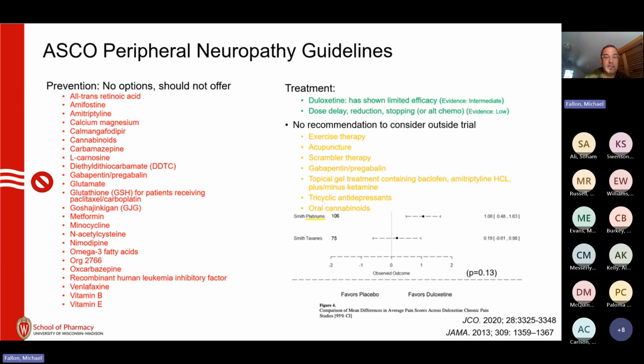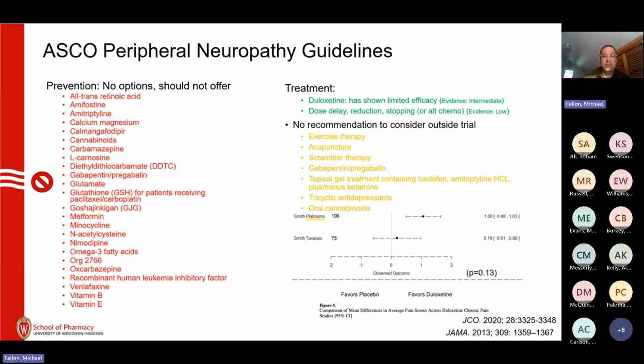It's less so for the taxanes, but for platinums, it probably does help some. Even if it cuts the pain 20 to 25%, sometimes people really respond to that, and it's enough to improve their quality of life a lot. So it's certainly worth a try. Generally, it'd be 30 milligrams for 7 days and then go up to 60.